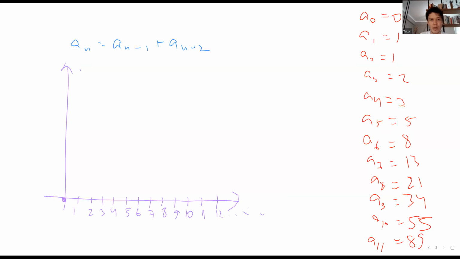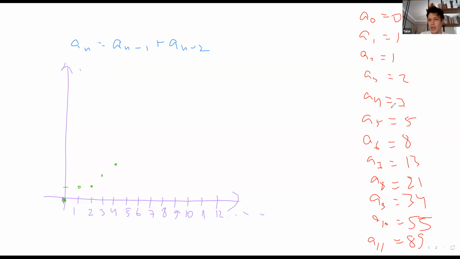So I plug in A0. A0 is going to give me 0. But okay, if I plug in A1, what do I get? A1 is going to give me 1. What about A2? A2 is also 1. So I also get 1 here. What about A3? A3 is equal to 2, right? What about A4? A4 is going to be 3.